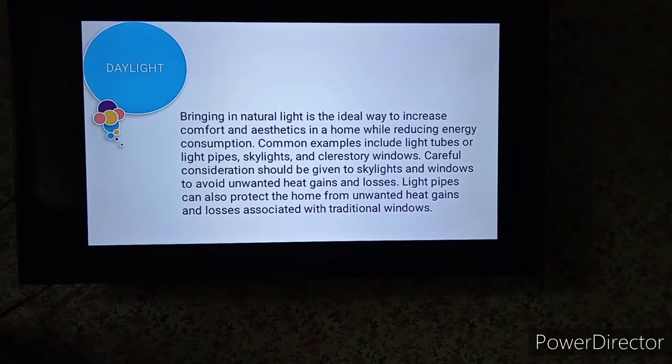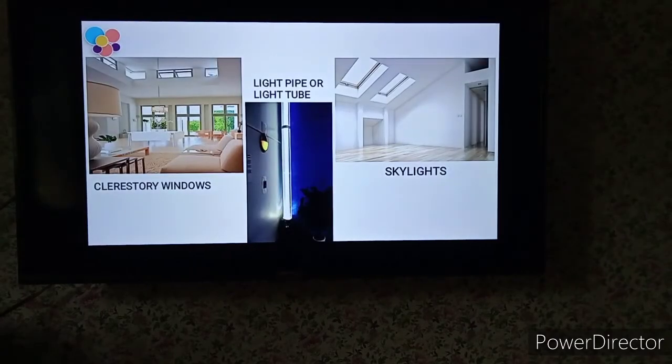So dapat gyud ang design sa atong mga balay is ato yung i-open siya, para magamit gid nato ang natural light kay para pod maka-save ta og energy or to reduce energy consumption. So amo ni example sa clerestory windows.